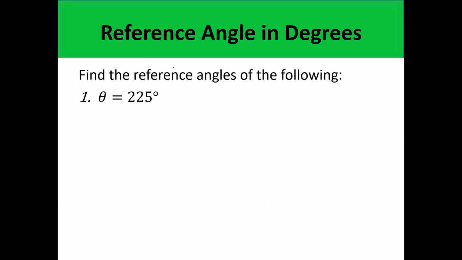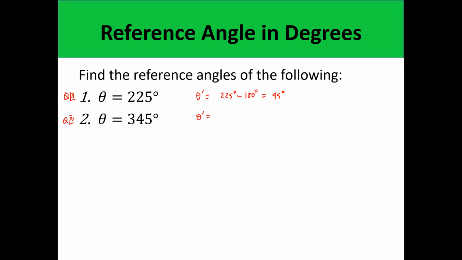Okay, let's have an example. Theta equals 225 degrees. Let's find the reference angle. 225 degrees is between 180 and 270 degrees, so this must be in quadrant number 3. The formula for theta prime would be the given angle minus 180 degrees, so that's 45 degrees. Number 2, theta equals 345 degrees. This angle is between 270 and 360 degrees, so it must be in quadrant number 4.